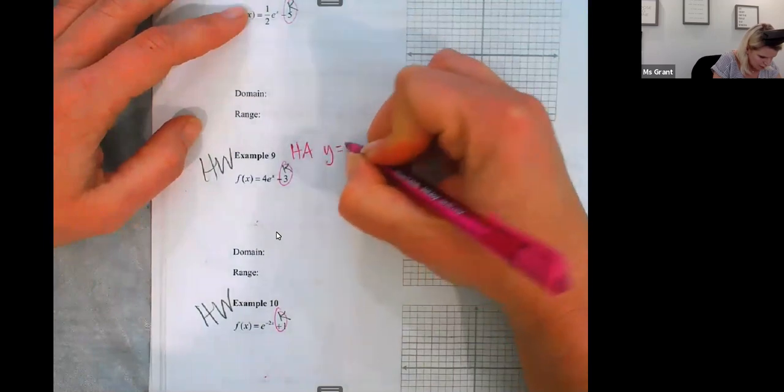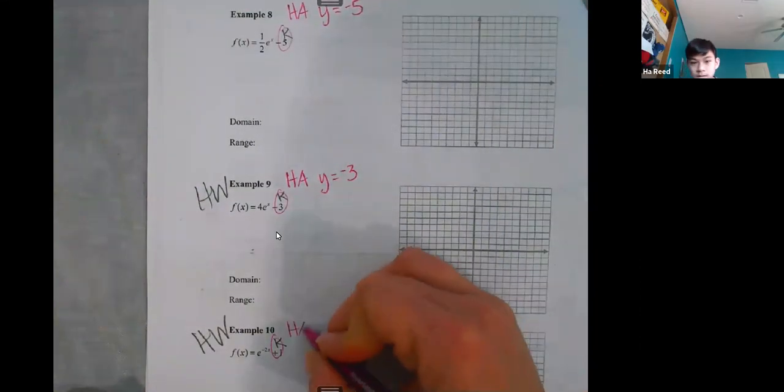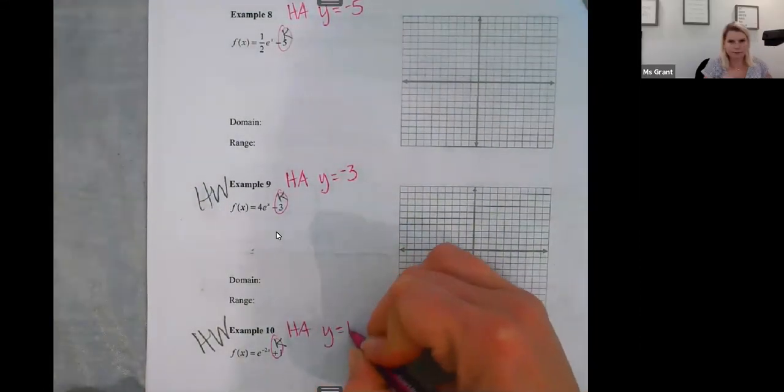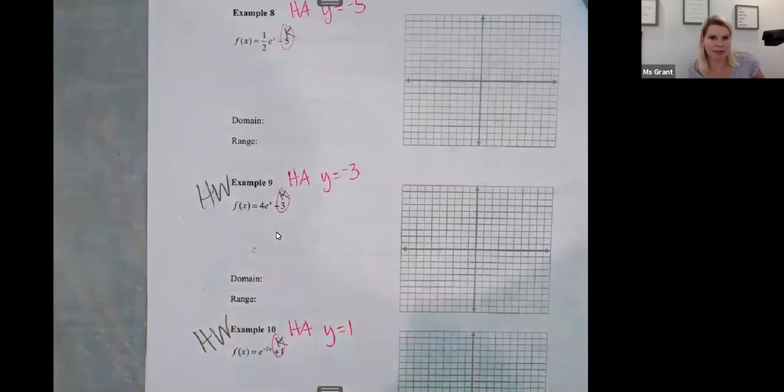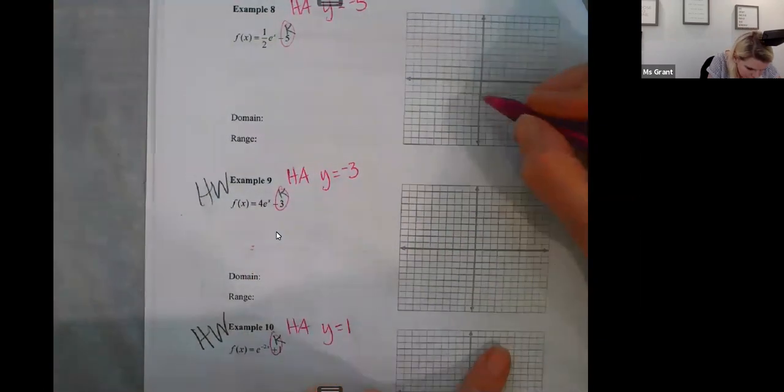Horizontal asymptote, y equals -3. Can you scroll up a bit? Yeah. Horizontal asymptote, y equals 1. Keep that in mind. Let's draw it right now.